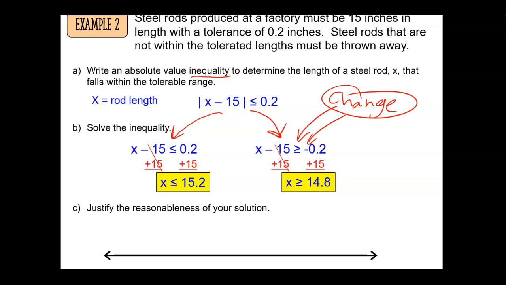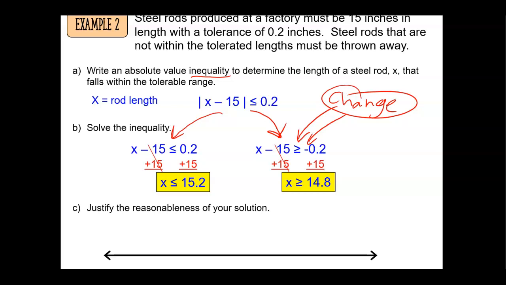Now I'm telling you, the back of the assignment is 2 of these inequality ones. You're going to make your own number line. Always put the smaller one on the left. Which one of these numbers is smaller? 14. So put 14.8 on the left, 15.2 on the right. Are they going to be open or shaded in circles because it's underlined? Shaded in.